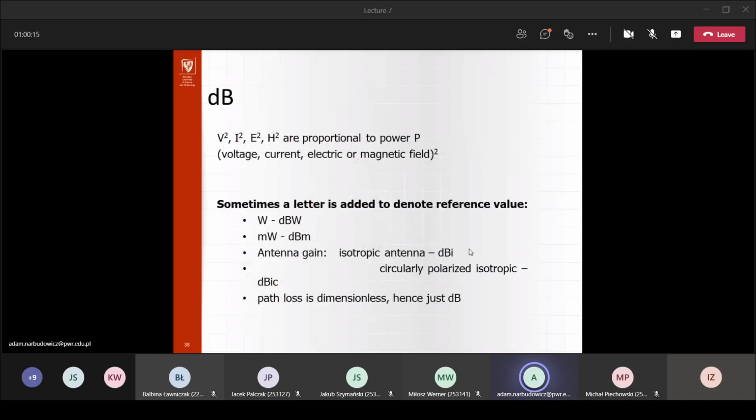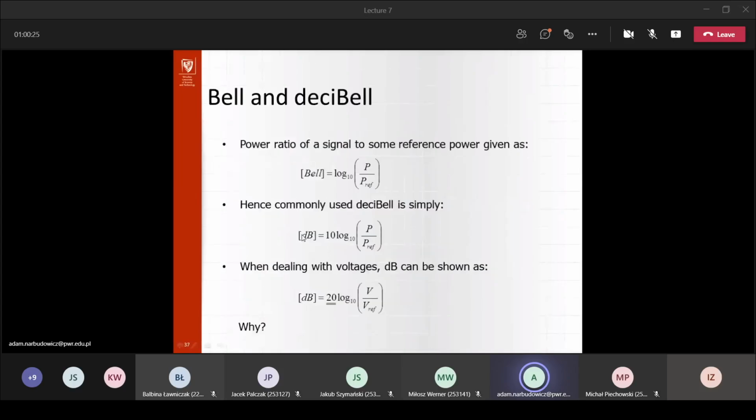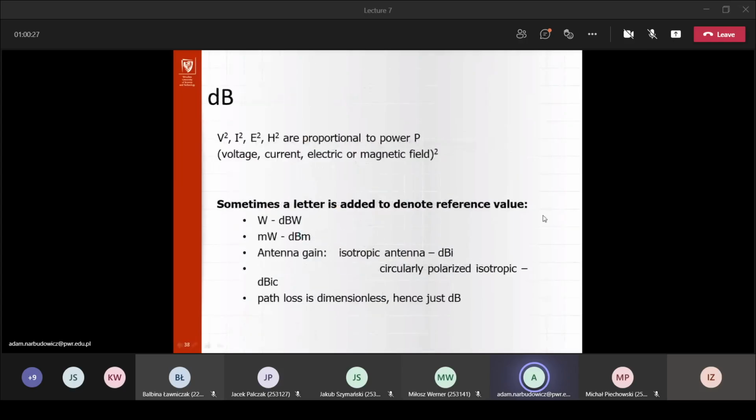Now, this is basically the explanation we state here. Of course they're proportional or inversely proportional, right? But the argument still holds. And the same is true for radio signals, right?